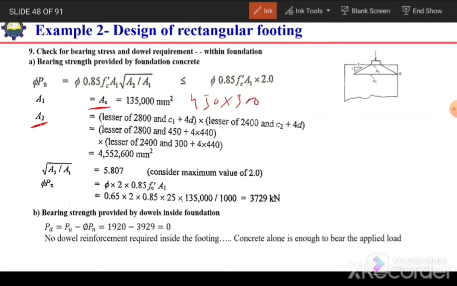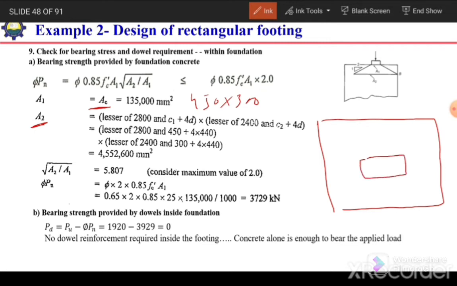A2 we can calculate using the technique I explained earlier in the previous videos: first we need to see the least projection of the footing slab from the face of the column. So we need to calculate this value.